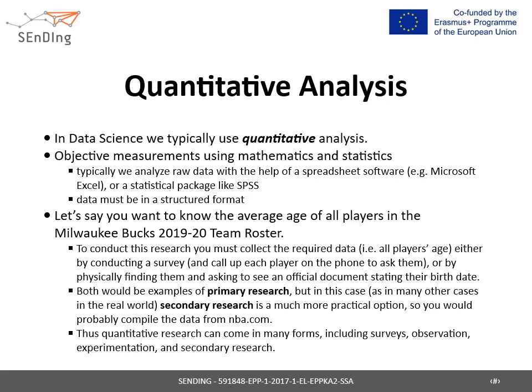Both would be examples of primary research, but in this case, as in many other cases in the real world, secondary research is a much more practical option. So you would probably compile the data from NBA.com. Thus quantitative research can come in many forms, including surveys, observation, experimentation, and secondary research.